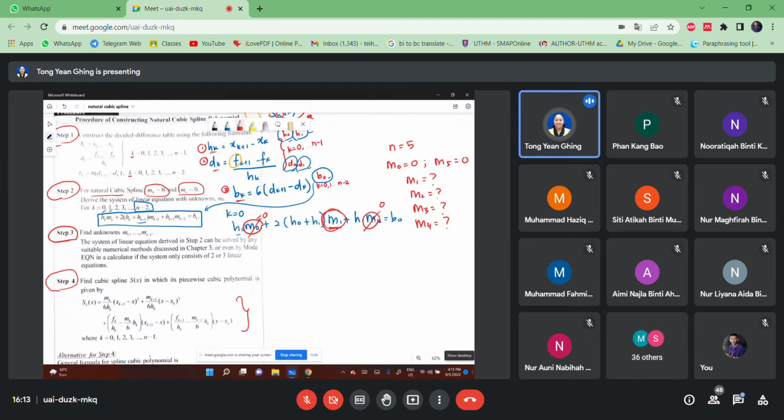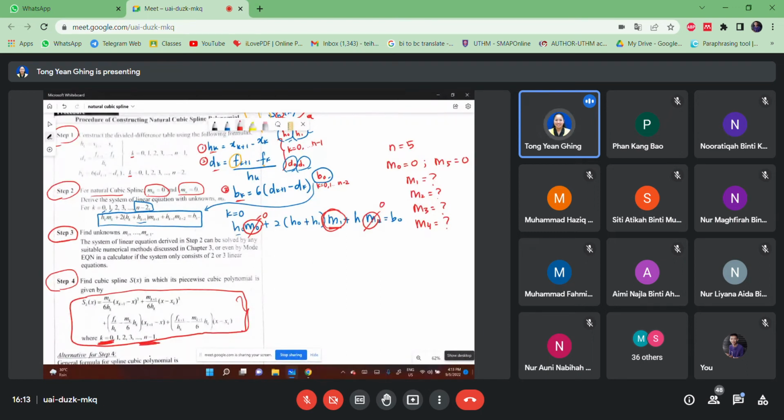So using this formula. Okay, the formula looks very long, but don't be scared, because we just need to substitute the values that we have put in. Sebenarnya dia tak susah. It's not very difficult, we only have to substitute the values. We do it from k equal to 1 until n minus 1.